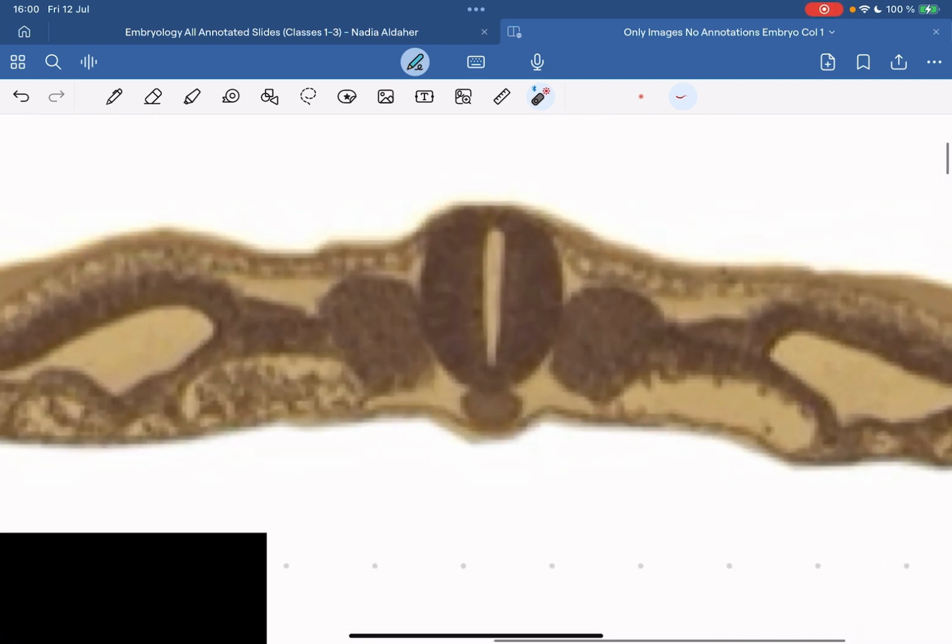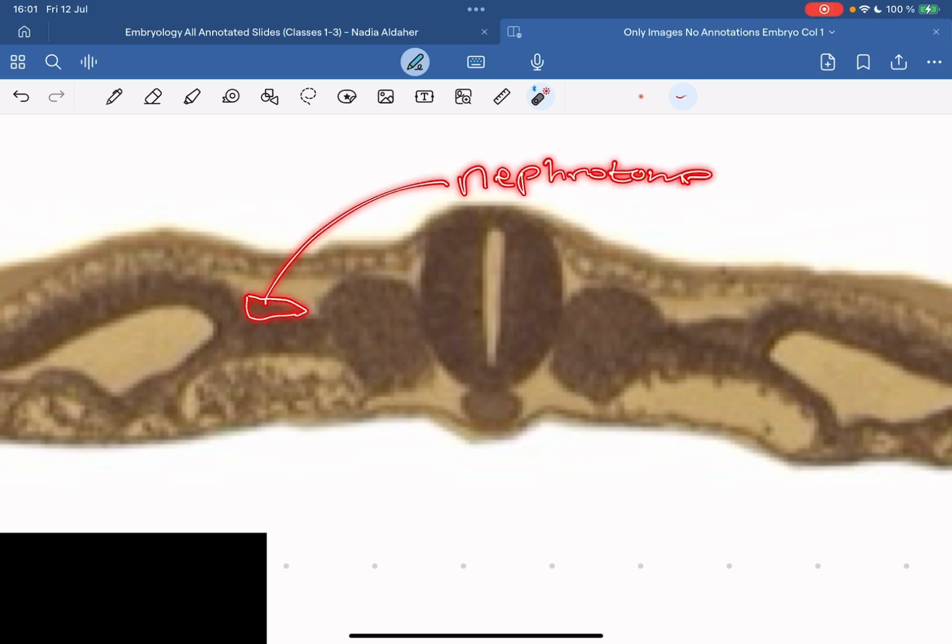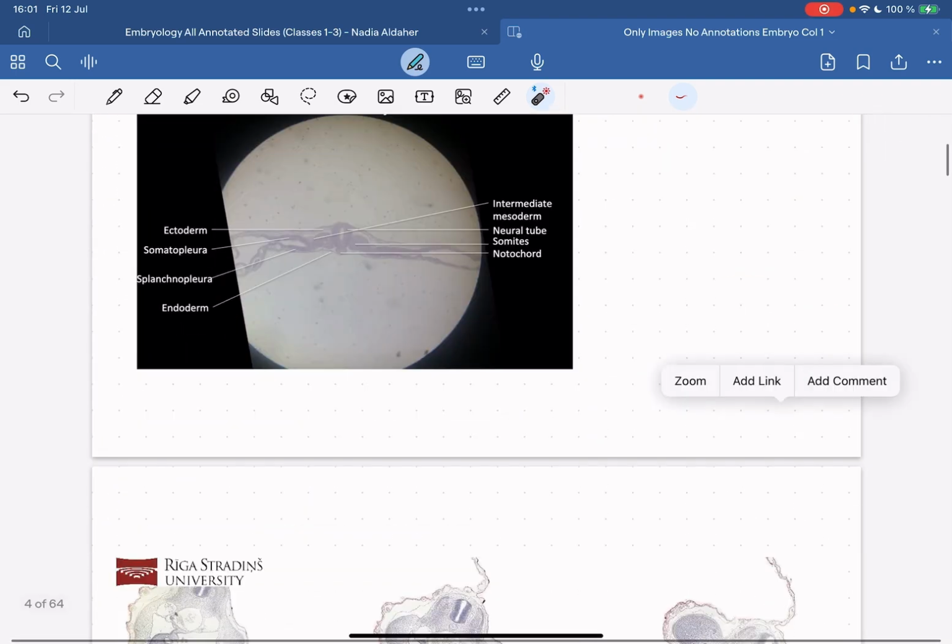Right here, we can see one that has this little lighter pixel in the middle, so this would be the ductus mesonephricis, while this one that sits on top of the intraembryonic intermediate mesoderm, this little guy, is more of a nephrotome because it doesn't have any opening in the middle.